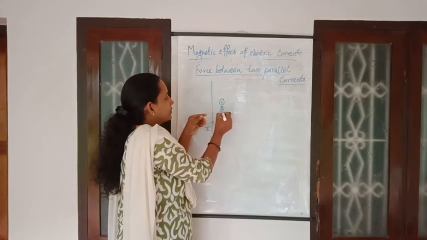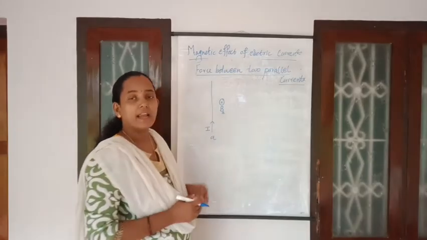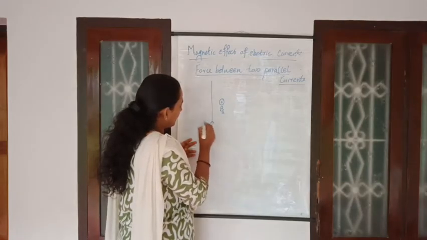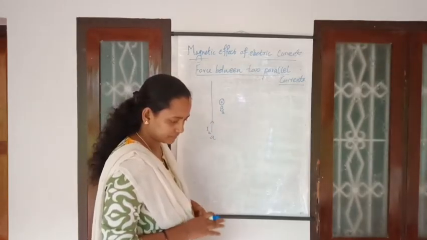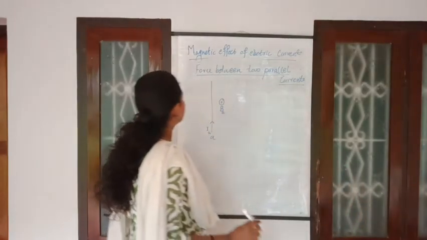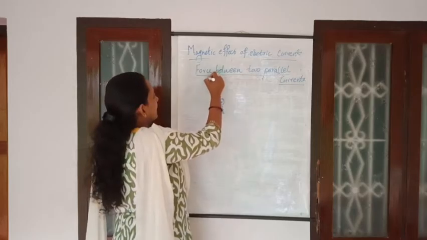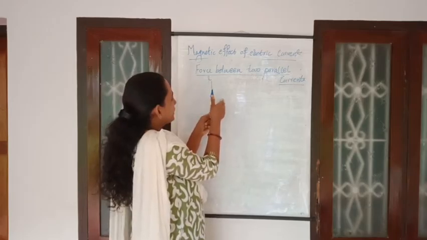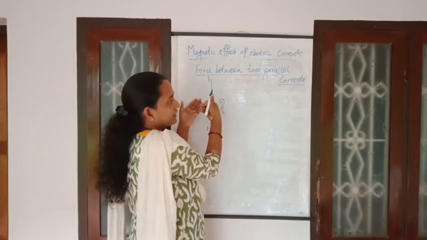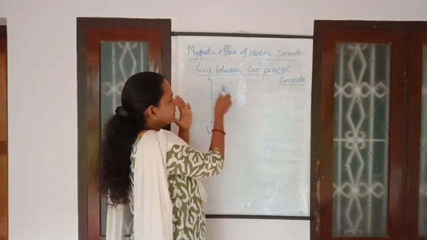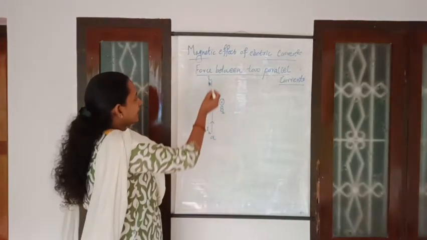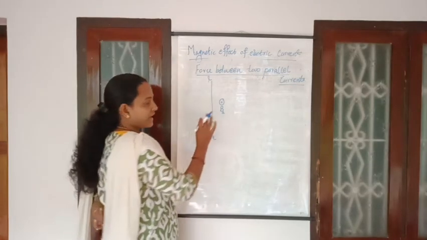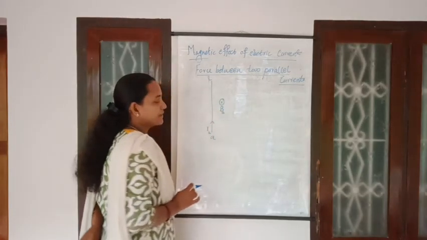This is the magnetic field due to conductor A, which is carrying a current I of A, and this conductor has a length L. On the other side the magnetic field is outward, but here it is inward. So we consider a conductor A carrying a current I of A with length L, and the magnetic field in this direction is B of A.